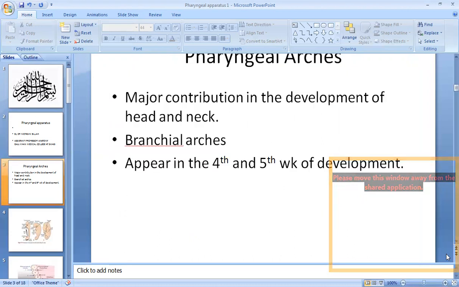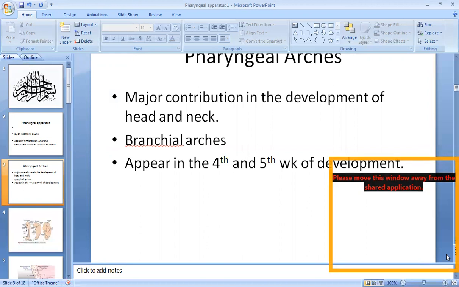What are the pharyngeal arches? We will start from this. The pharyngeal arches have a major contribution in the development of the head and neck region. These pharyngeal arches are also called branchial arches because they were thought to be very similar to the development of the gills of the fish.